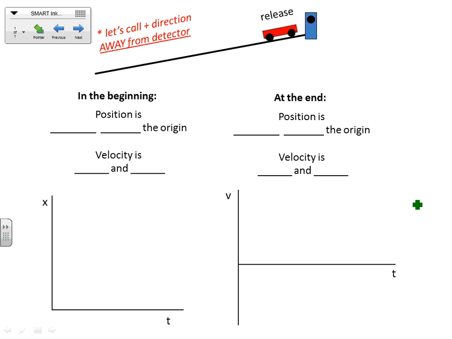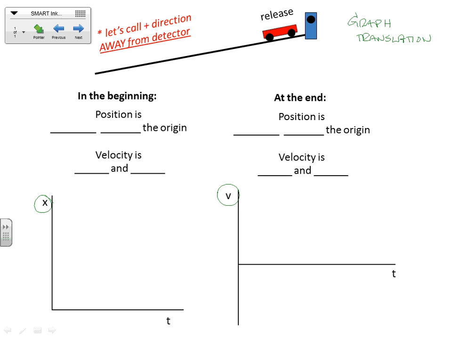I wanted to talk you through a little bit of the first part, so this video method is a pretty good way to do that. What we're trying to do here is what I call a graph translation, which means we need to be able to go between a position versus time and a velocity versus time graph.